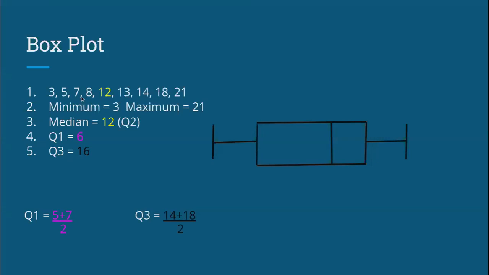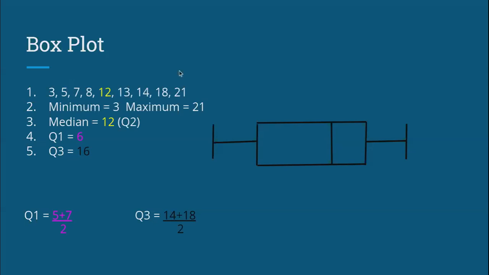We add them together and divide by 2. 5 plus 7 is 12. 12 divided by 2 is 6. So the middle of the lower end of the data will fall at 6. So between 5 and 7.